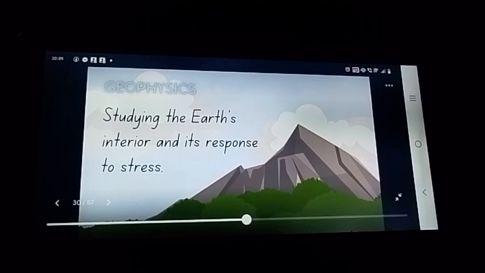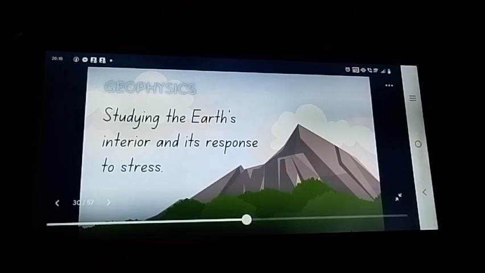Seismic waves. Earthquakes generate seismic waves that travel through the Earth's interior. 2. Gravity and magnetic fields. The Earth's gravity and magnetic fields are influenced by the distribution of mass and magnetism within the Earth. And 3.